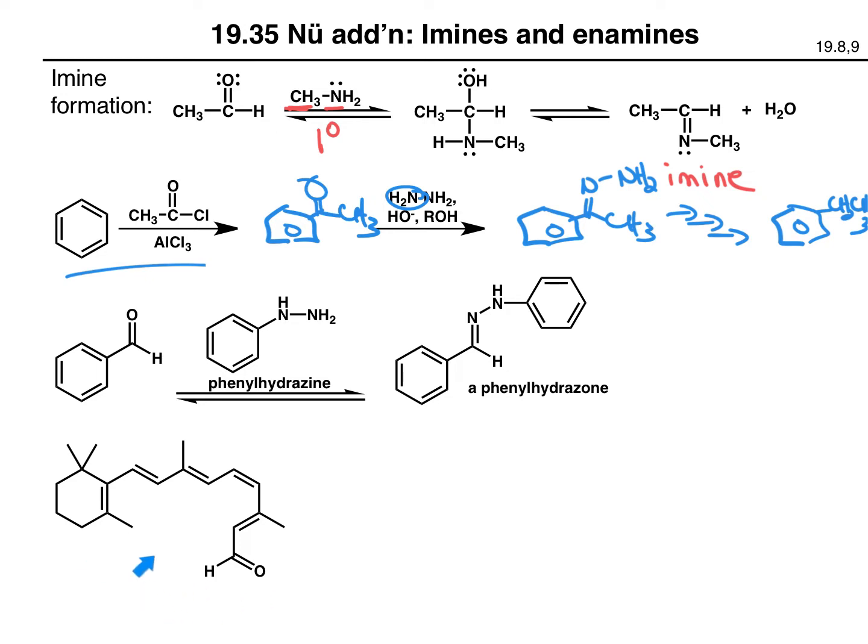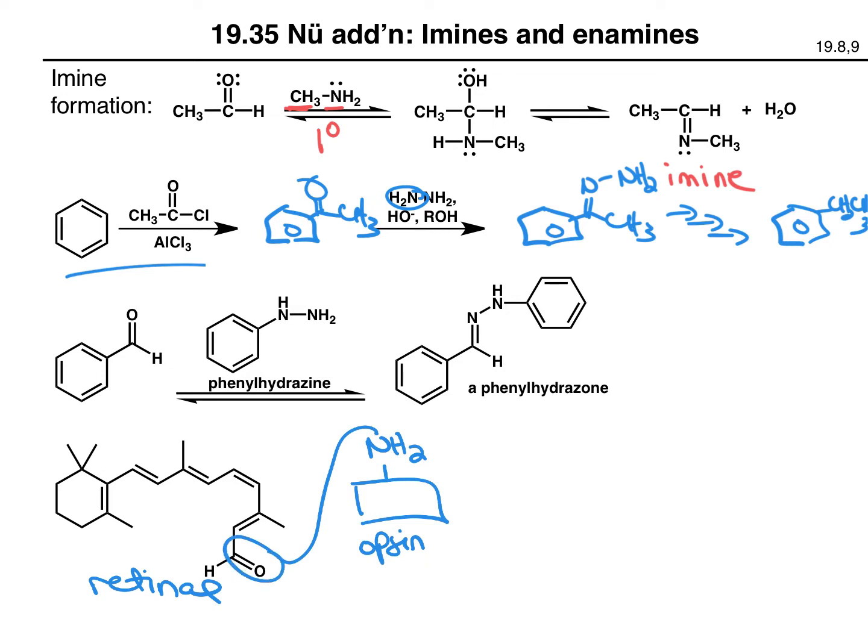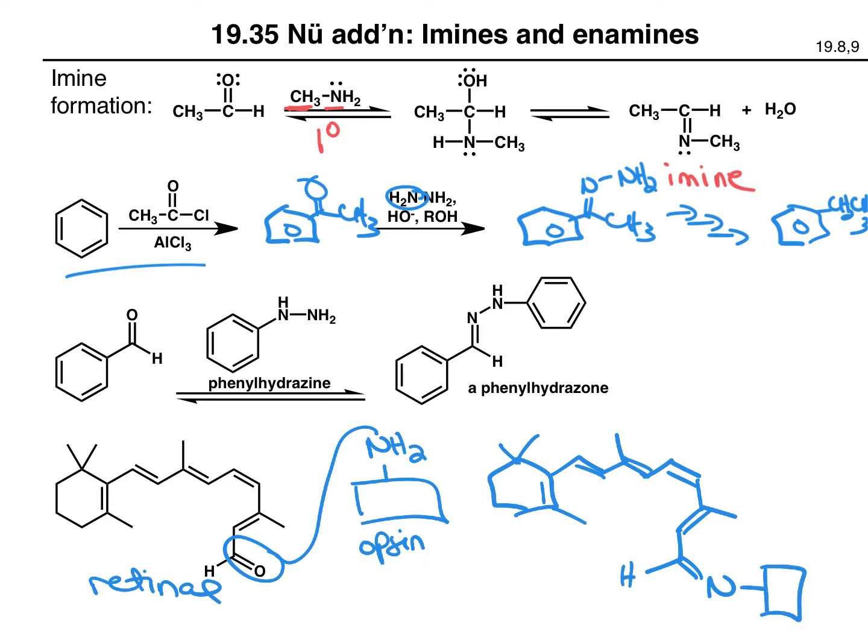And one more important example of imine formation involves this compound, retinal, which reacts with a protein called opsin, and there's a particular amine residue, and this will combine here to form this imine with the double bond to N, and this is connected to the protein, so this complex is called rhodopsin.